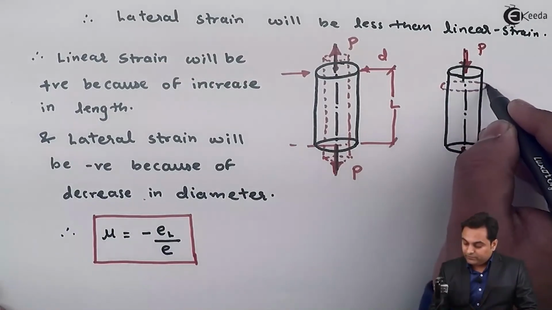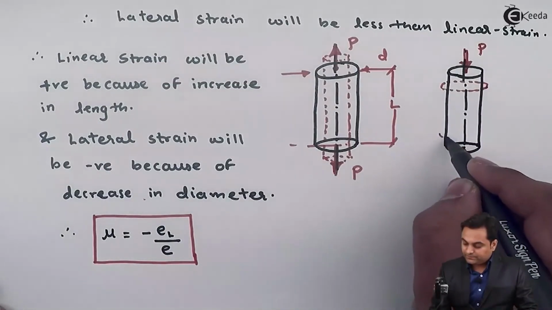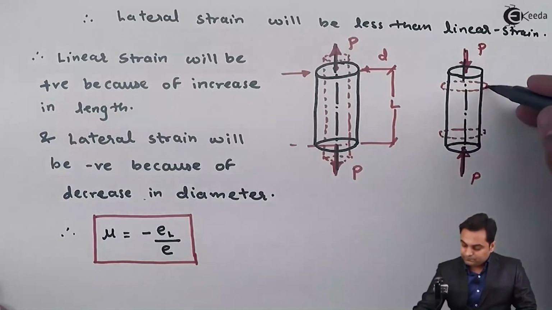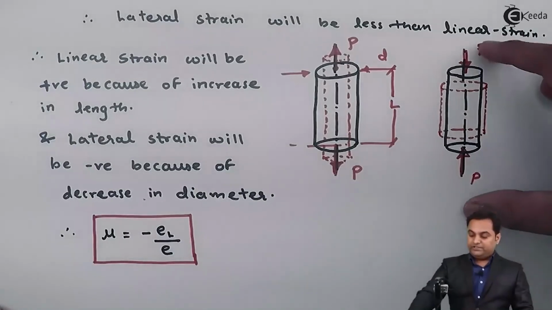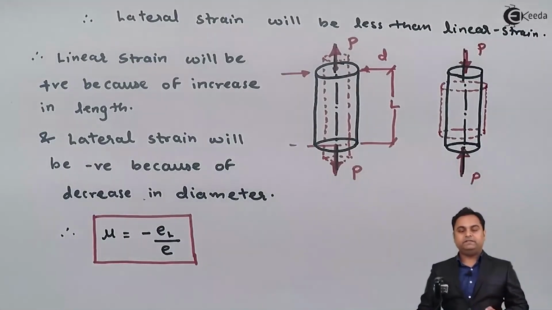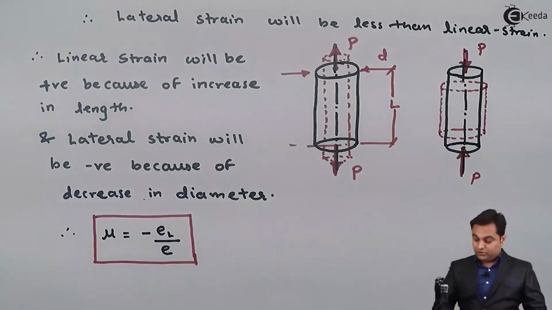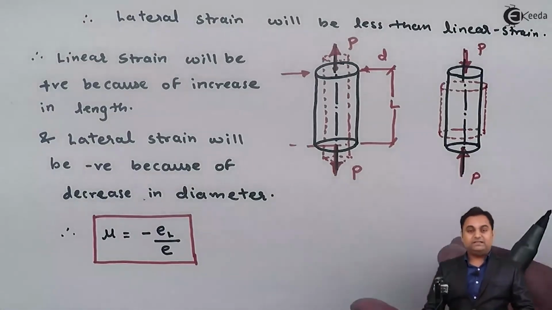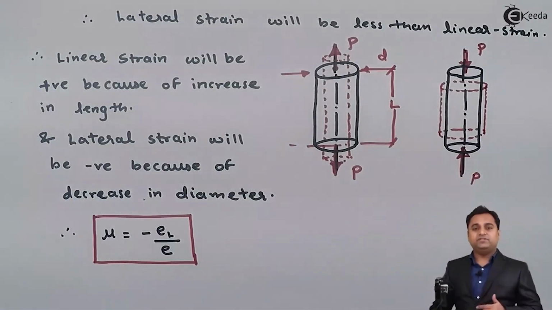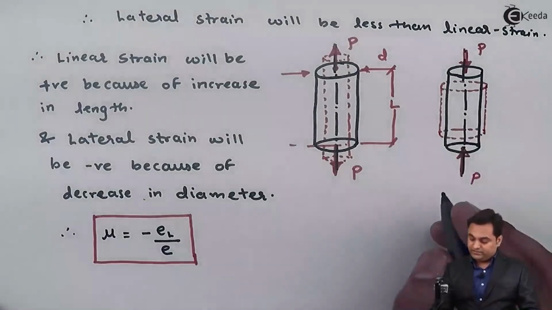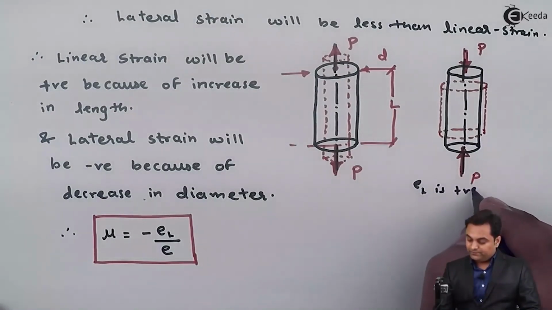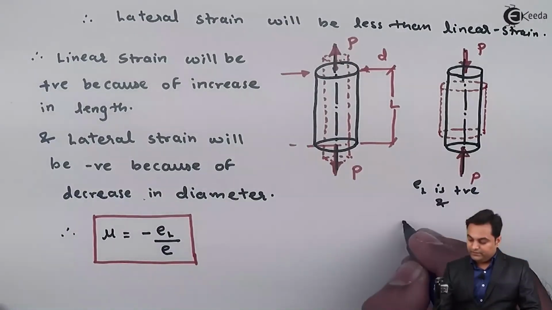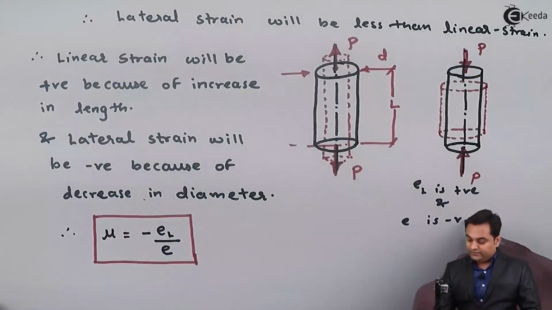So the diagram would be somewhat like this. So when it is a push kind of load, the length decreases, diameter increases. So in this case, lateral strain will become positive, linear strain will be negative.